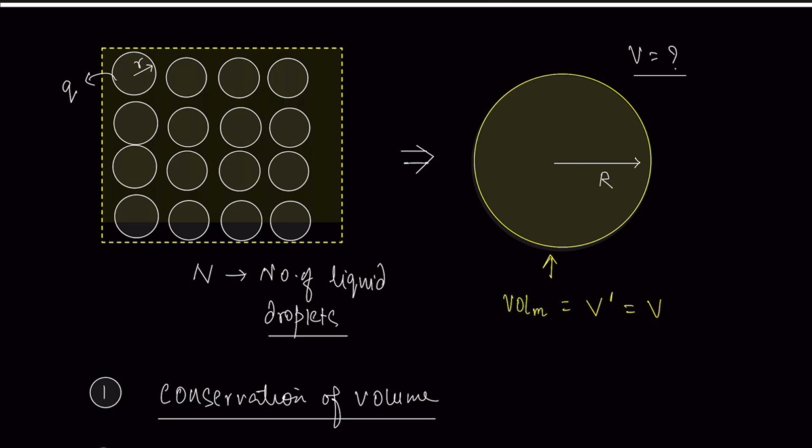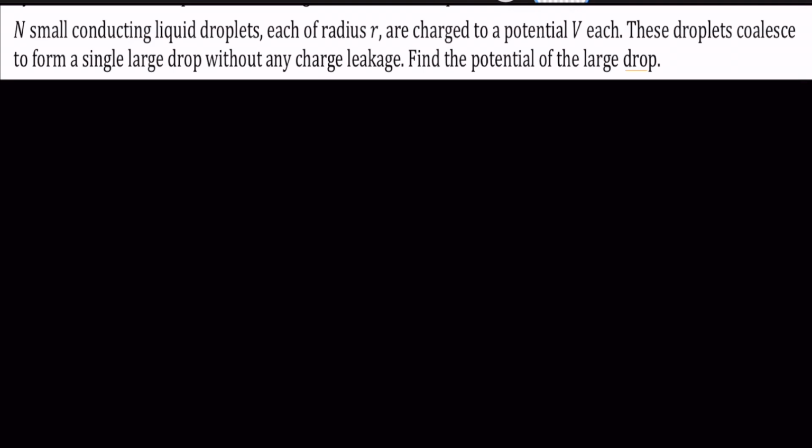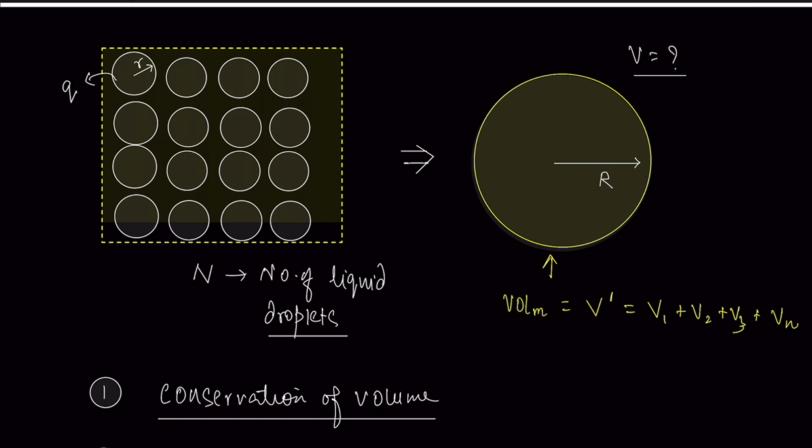It means it is equal to V1 plus V2 plus V3 till n. And as all the small droplets have the same volume, it can also be written as V dash is equal to the number of droplets times the volume of each droplet. So this is our conservation of volume.